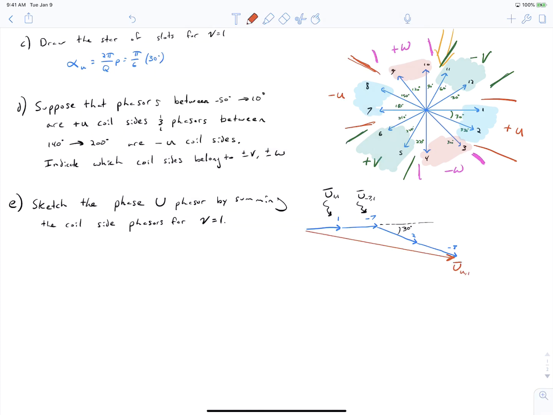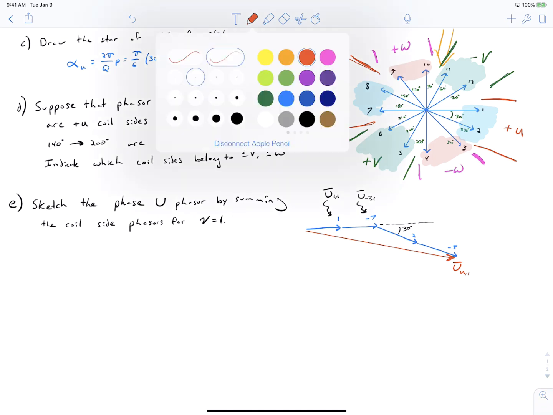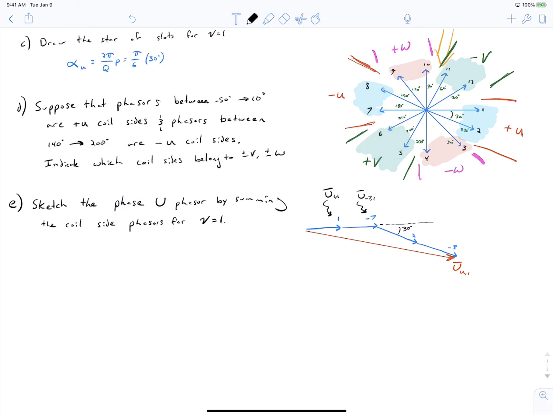You can see that I have sketched the individual coil sides in blue, and then I've sketched the total phase U phasor in red. And I've numbered these. I've indicated the slot phasors in these by just indicating the slot number that each phasor corresponds to. And up here I've told you how that maps. So U negative 7, 1 means that this is the phasor for coil side 7 connected in reverse direction.